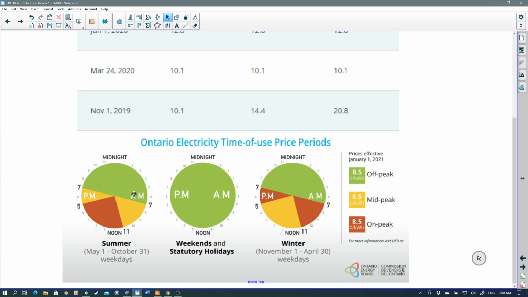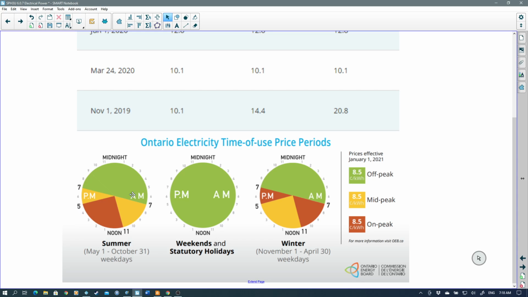Now, before I get to this table, let me just explain these circles here. From 7 p.m. through midnight to 7 a.m. is what's called off-peak hours. From 5 to 7 p.m. and 7 to 11 a.m., that's considered mid-peak hours, and on-peak hours is anywhere from 11 till 5.